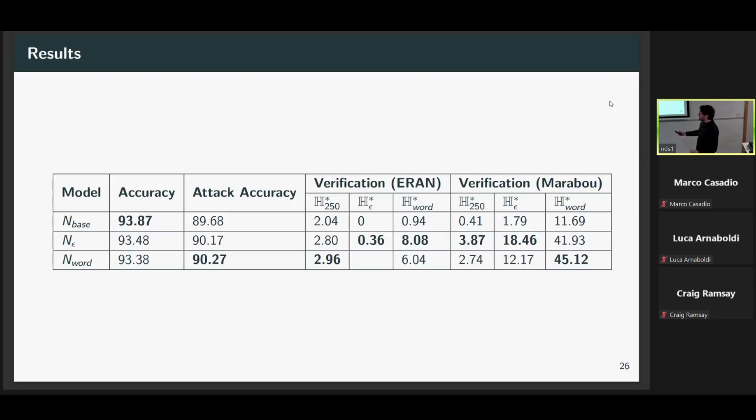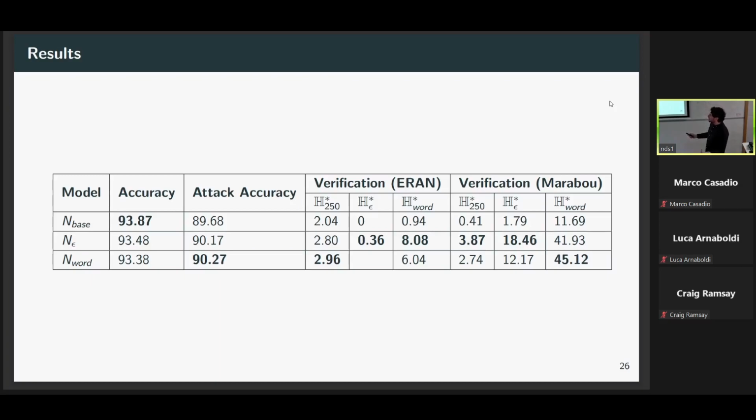Here, accuracy and attack accuracy: it's good that accuracy doesn't drop much for adversarial training, because it is known that adversarial training usually improves robustness at the cost of accuracy. It is still the case, but it's very minimal, so that's good.